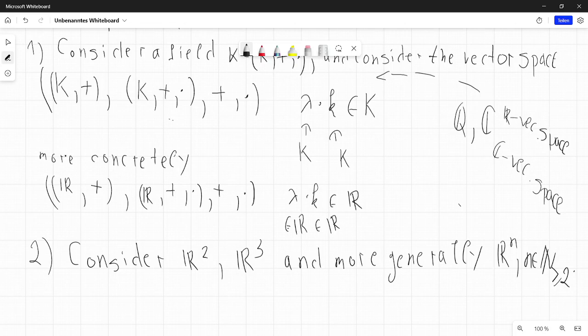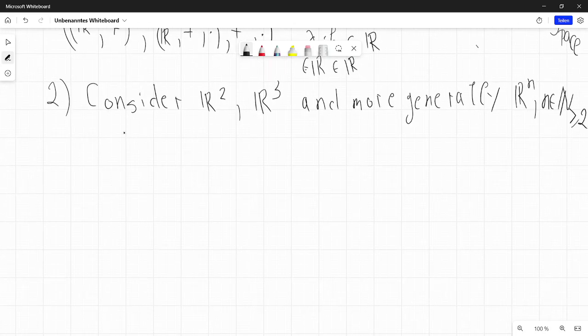We just take addition component wise, right? x1, ..., xn. You know that we can see each vector in Rn as, well, a particular example, R3.